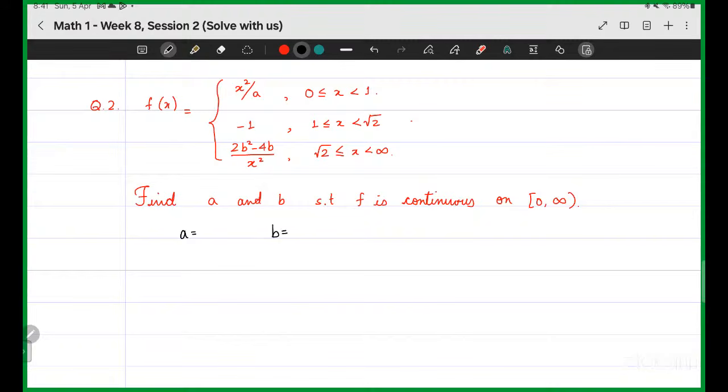What are the answers? A is minus 1, b is plus 1. So minus 1, 1.